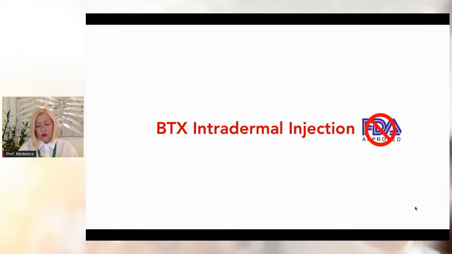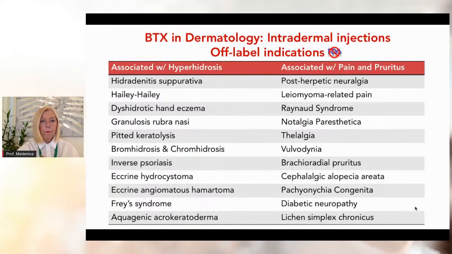Those areas have shown great promise to date, but more and larger clinical studies will be required before those treatments become clinical reality. So, botulinum toxin can be injected intradermally, and we can see many off-label indications for its use.